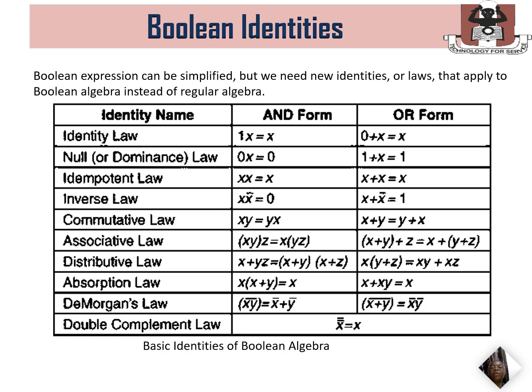Here are the Boolean identities based on the Boolean operators. We have the identity name, the AND form, and the OR form. You can see we have the identity law, which has a Boolean product and Boolean sum and their respective outputs.